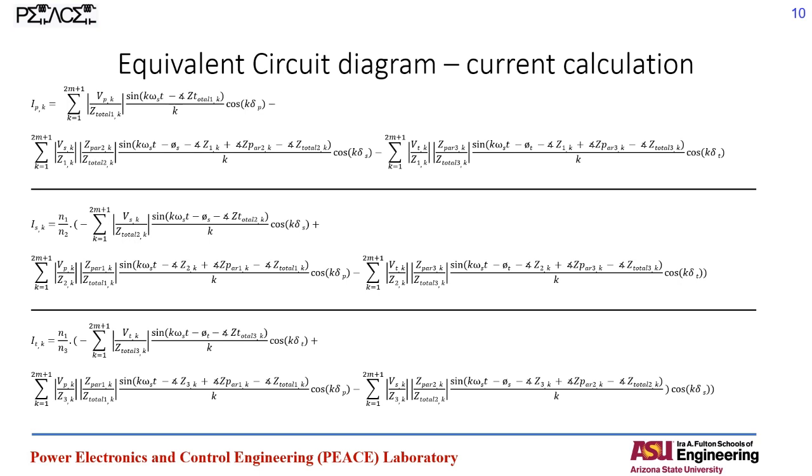It also depends on the deltas, the phase shift between the half bridges of each full bridge. So it depends on six different variables which were previously mentioned. Those are our six degrees of freedom, which determine the currents flowing in the ports.